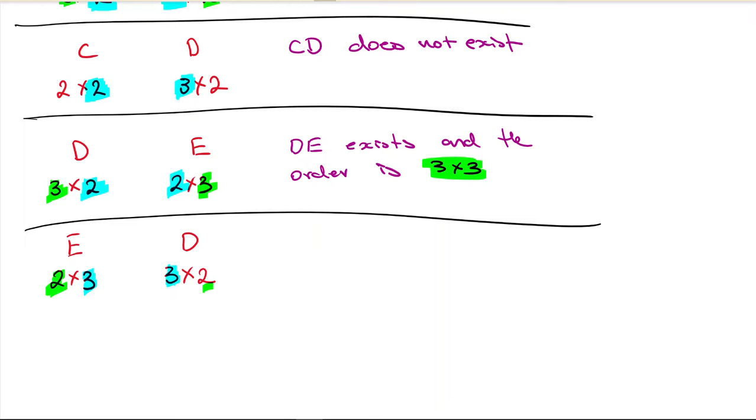So the matrix exists and the new order would be 2 by 2. So ED exists and the order is 2 by 2.